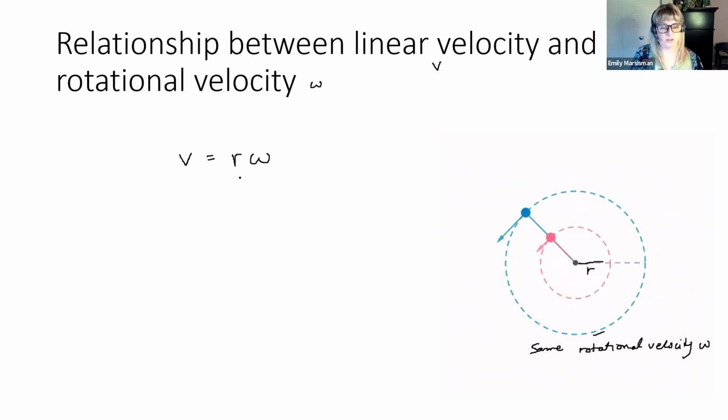Now to use this equation, you have to make sure that omega is in radians per second. If it's in degrees, you'd be multiplying a radius by a degree. It doesn't really make sense. So you need to multiply it by something in terms of radians.